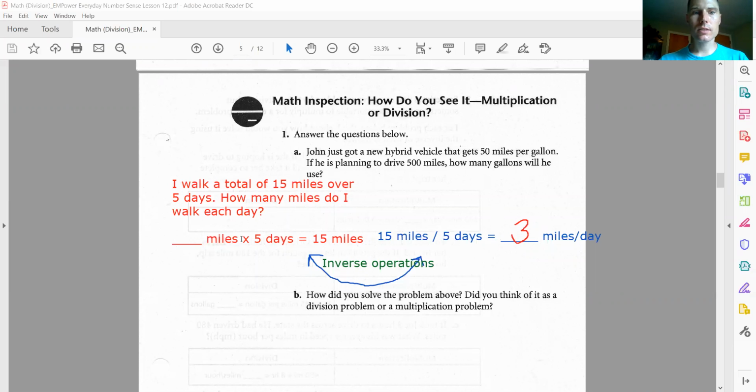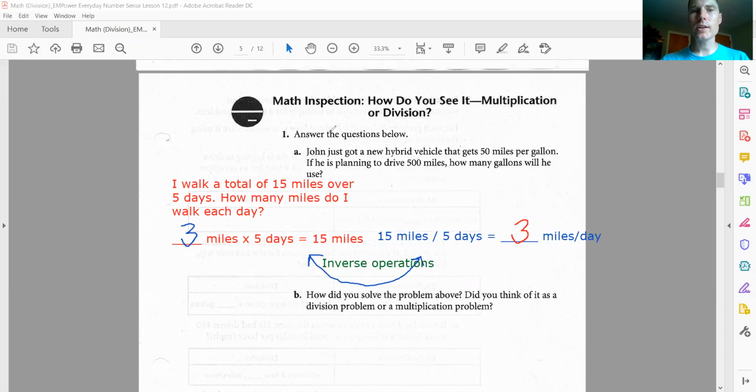And some amount of miles times 5 days will give us 15 miles. Of course, you probably already know or said out loud that the answer here is also 3. If you walk 3 miles every day for 5 days in a row, after 5 days you would have walked 15 miles. That's pretty simple, right?